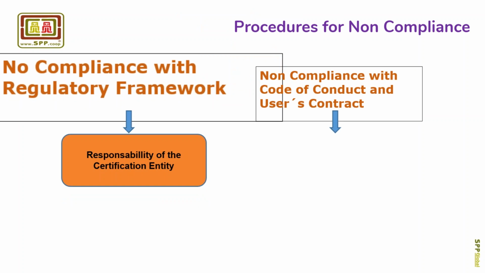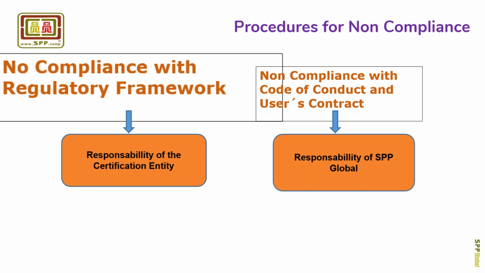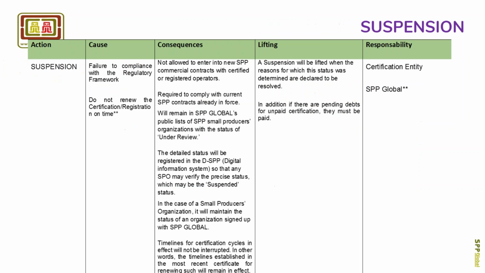The responsibility for non-compliance with the regulatory framework is the certification entity, and the responsibility for non-compliance with the code of conduct and user's contract is the cooperative of SPP Global. SPP Global is responsible for conducting procedures when we find non-compliance with the code of conduct and user's contract.